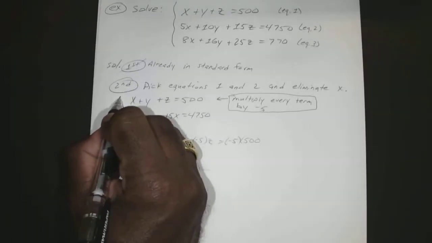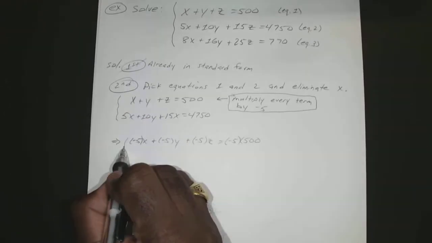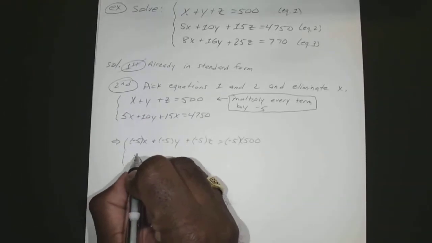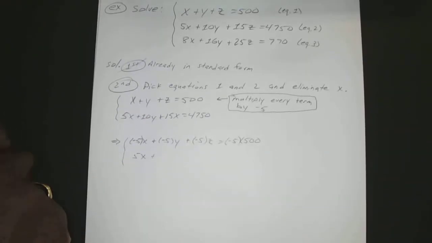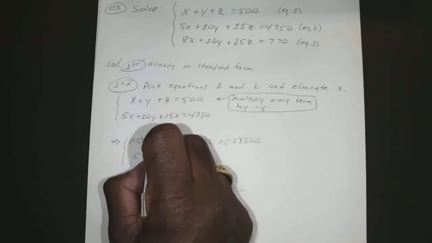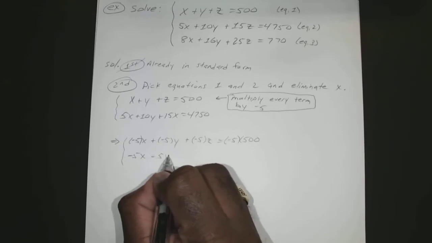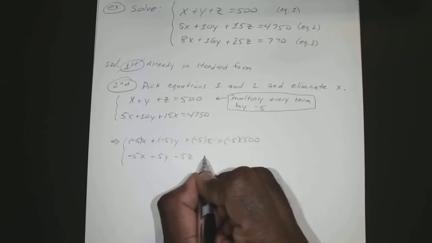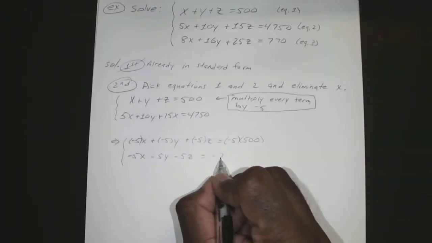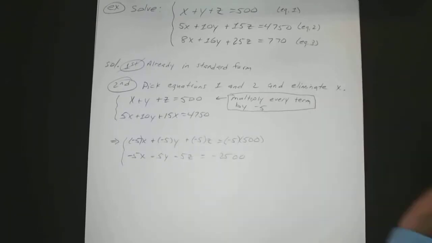And the second one just stays the same. So you have -5x minus 5y minus 5z equals -2,500.